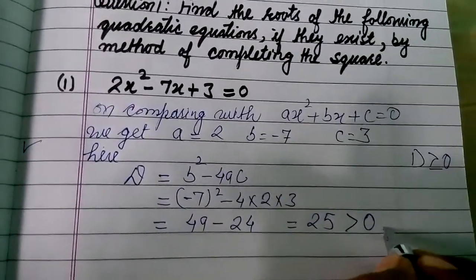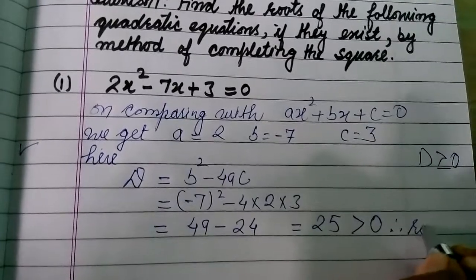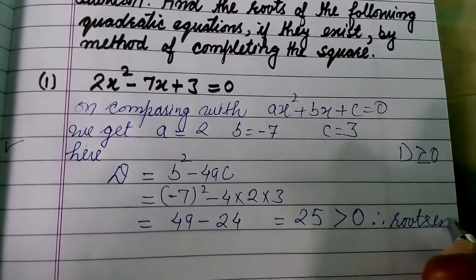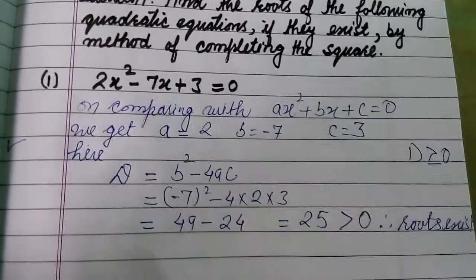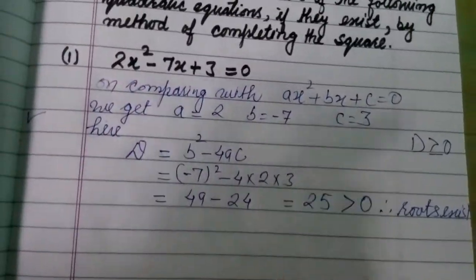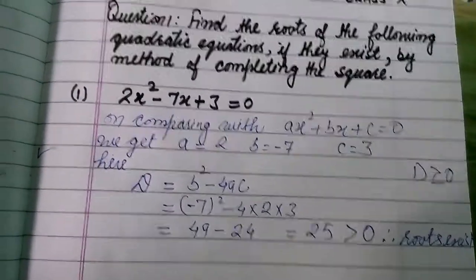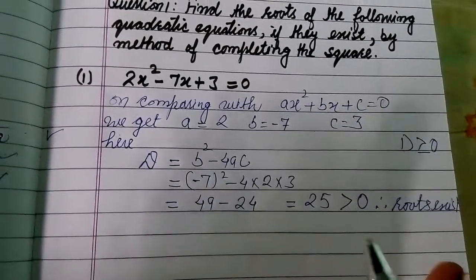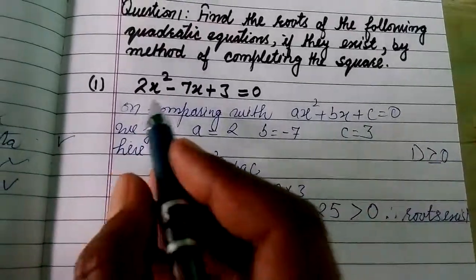Therefore we can see that the roots exist. And if the root exists, then we can find them. If certain things exist only, then we can find them. Now if you say that things don't exist, find them, is it possible? It's not possible. Now let us try to find out the roots.